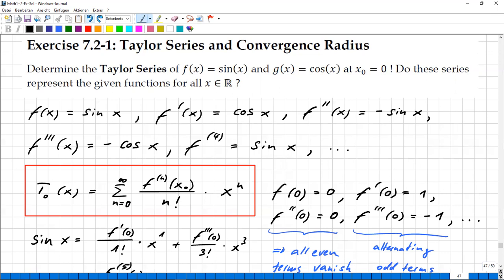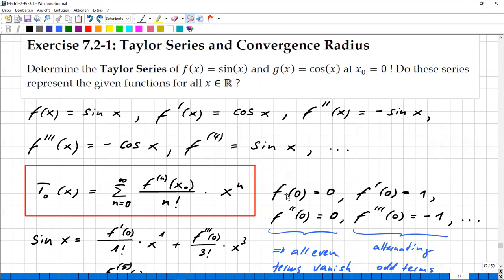So I sum up n equals 0, approaching infinity. I get the nth derivative at x null, which is 0 in this case. So I have f derivative number n of 0 divided by n factorial and then times x to the power n. That's nothing very special, but we have to insert.